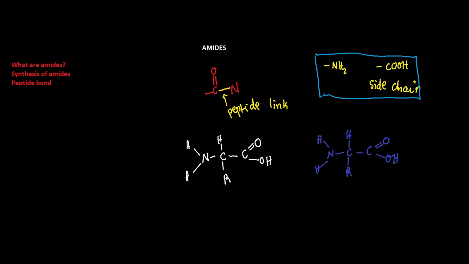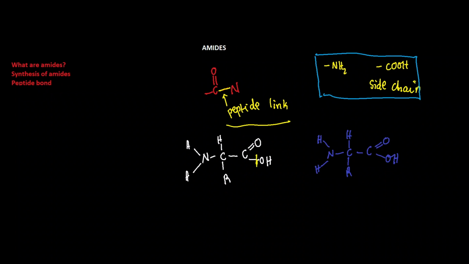Now these are two amino acids, okay, and in order for these amino acids to form a chain, they need to combine. Okay, they need to undergo a polymerization reaction, and in polymerization reactions bonds are formed. Now the particular bond formed in this polymerization reaction is a peptide bond or a peptide link.